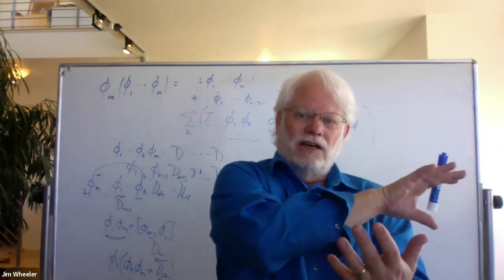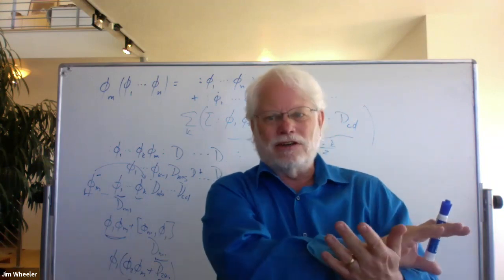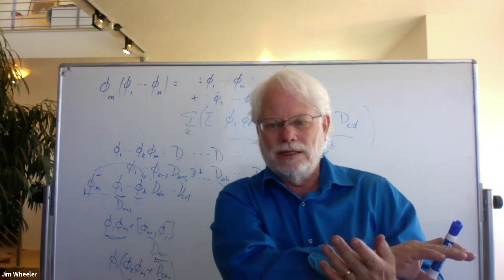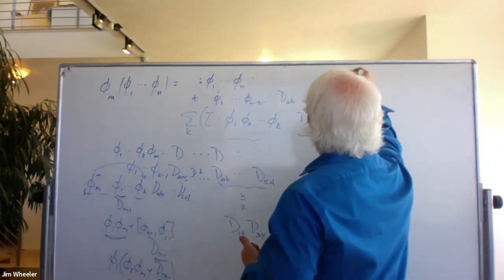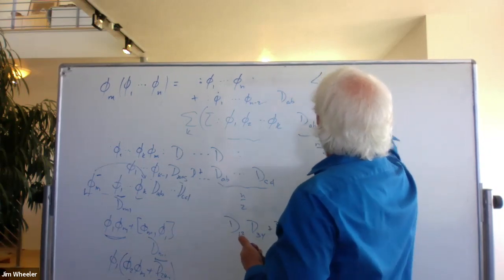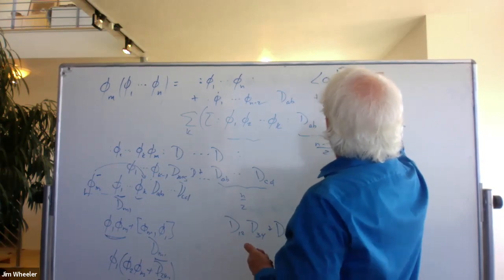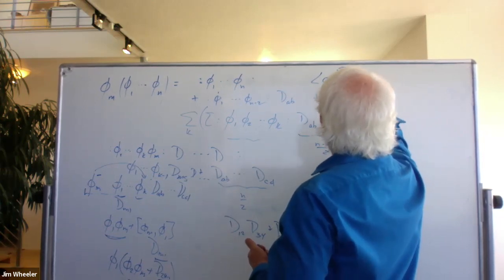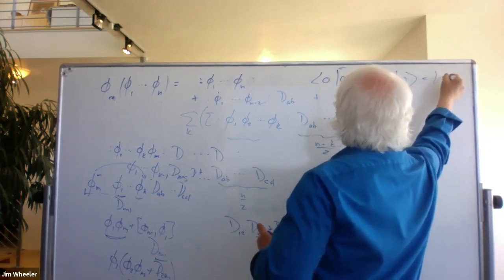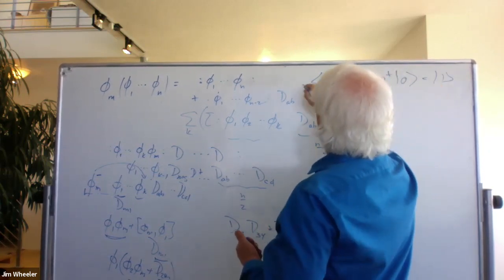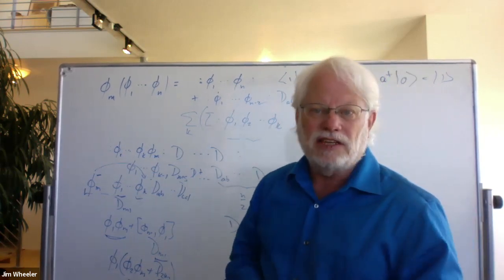Acting to the left, they look like creation operators. Right, so all I'm saying is that an a acting to the left is dual to an a dagger acting to the right, which is a 1 state. So this is equivalent to a 1 particle state over on the left end.